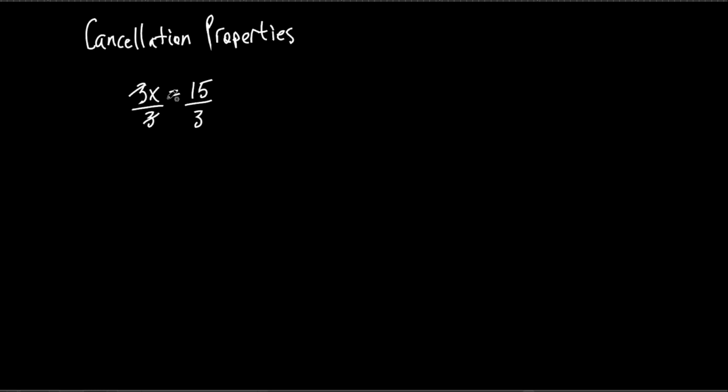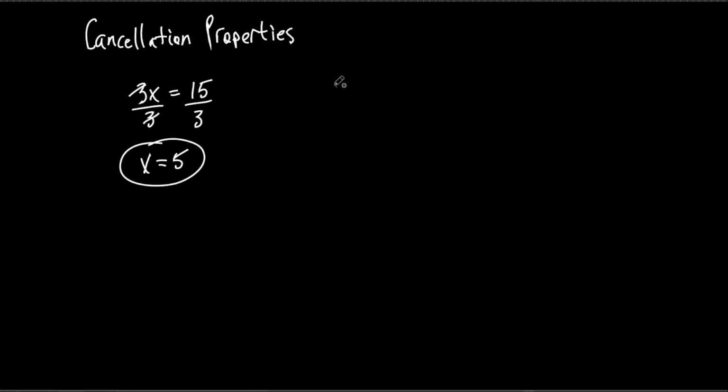You understand that? A lot of teachers just say cancel right off the bat, and they don't really explain why they cancel out. This is why. Because 3 divided by 3 is 1. 1 times x is just x, and we don't need that 1 there. And now we can go x equals what? 5. All right, so that's how you would do a problem like that. That's cancellation. That's not too hard, is it?